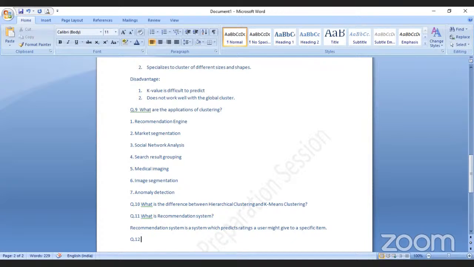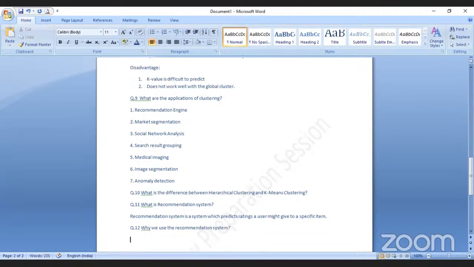Why do we use the recommendation system? What are the benefits of a recommendation system?